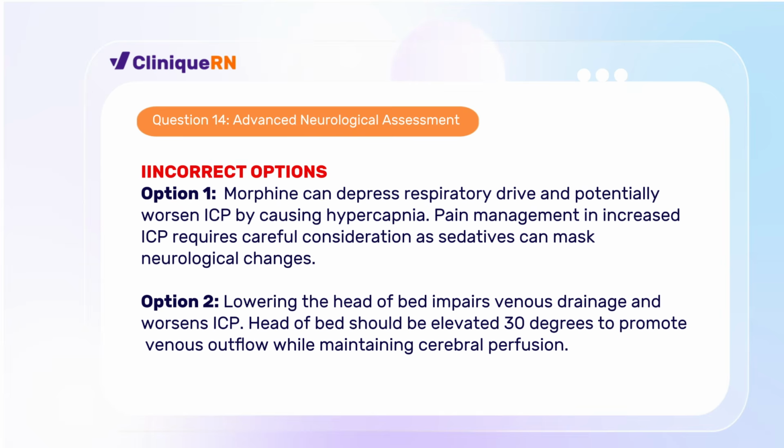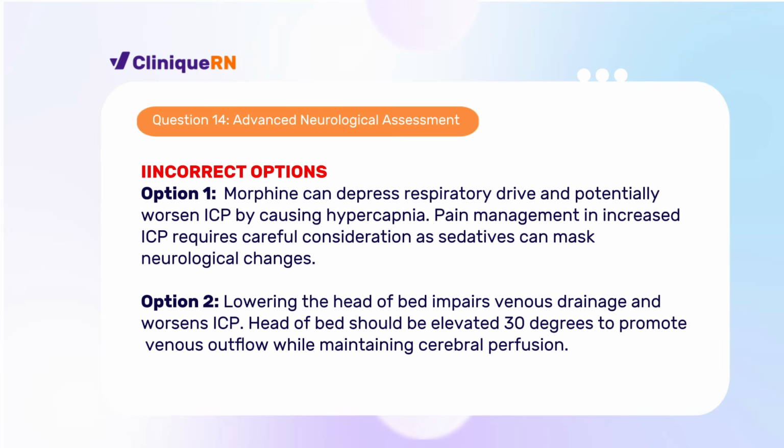Why are other options incorrect? Option 1. Morphine can depress respiratory drive and potentially worsen ICP by causing hypercapnia. Pain management in increased ICP requires careful consideration, as sedatives can mask neurological changes. Option 2. Lowering the head of the bed impairs venous drainage and worsens ICP.